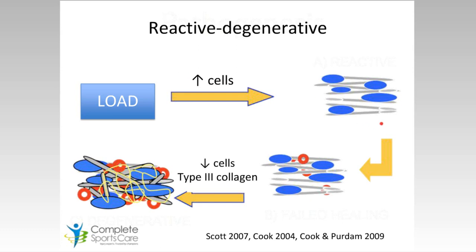So what it proposes is that we have, and I'm sure everyone's familiar with it, a reactive tendon which basically involves increase in ground substance and possibly more cellular activity, but a good maintained matrix, and it's a diffuse response, and that goes on to a more focal degenerative lesion, which is a breakdown of the matrix with ingrowth of blood and nerve vessels. So that's the theory, and there is some evidence to support that, mainly from some imaging studies and some animal studies.